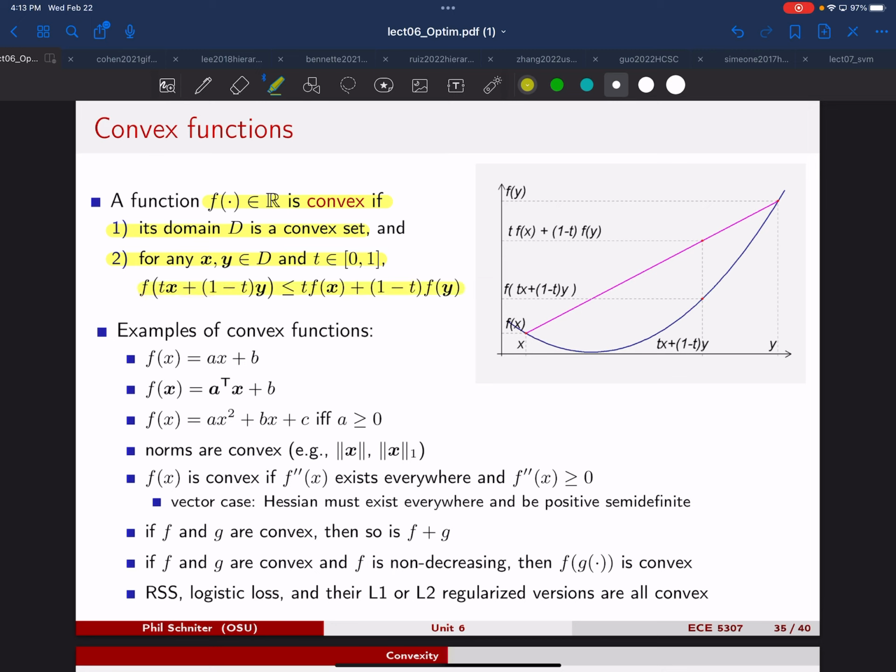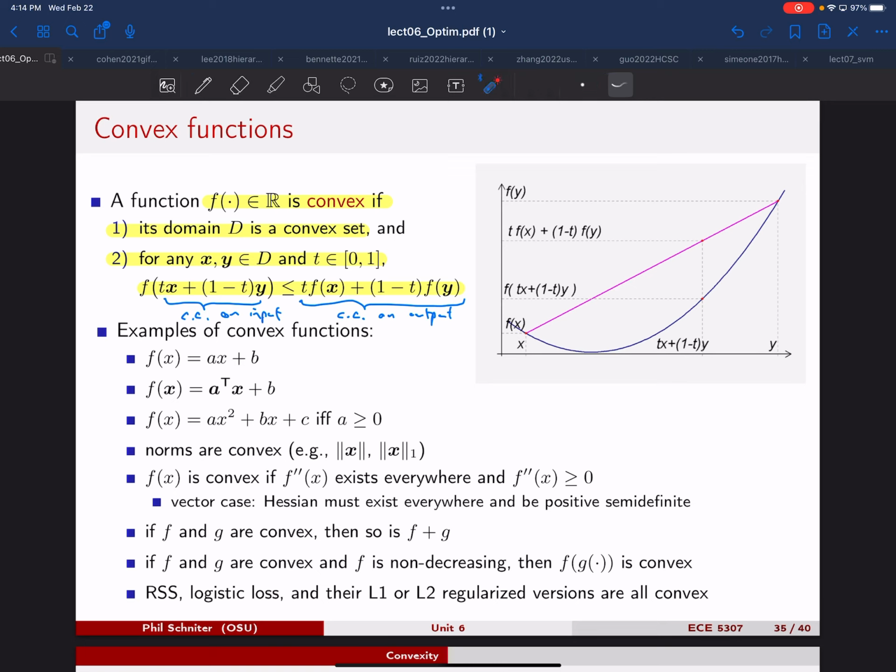One way we can express this in a few words is that here you have a convex combination on the input to the function, and here you have a convex combination on the output. So the idea is if the function applied to the convex combination of the inputs is less than or equal to the convex combination of the outputs, then the function is convex.